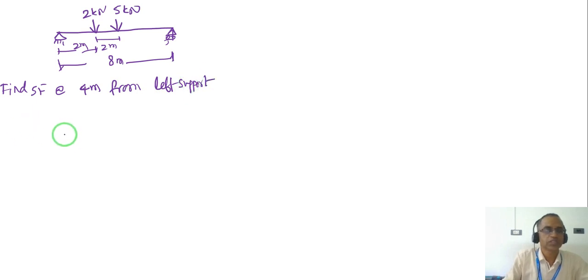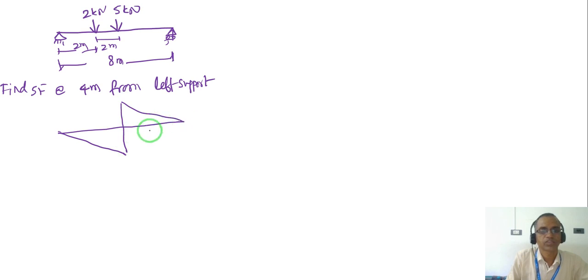So what we do, simply we draw the shear force diagram at a section 4 meter. This is the ILD for shear force, in which A becomes 4, L is your 8, so A by L, and this also becomes B by L, so half, this is 0.5, this also will be 0.5.